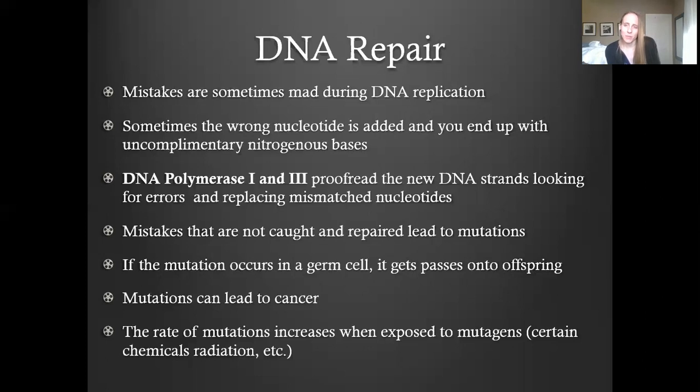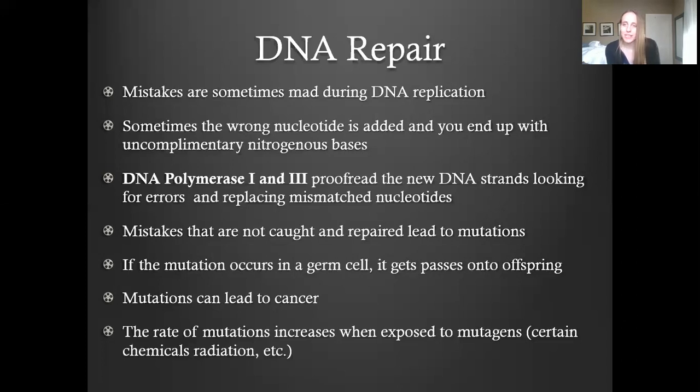And so both DNA polymerase I, that's the one that cuts off the primers, and DNA polymerase III, that's the one that builds the new strand, both of those will kind of go over the new strands of DNA to see if there's any mistakes and to replace any of those misplaced nucleotides. But not all the mistakes are caught and repaired, and if they're not caught and fixed, that's how we get new mutations. If the mutation happens in a germ cell, so a sperm or egg, that's how mutations then get passed on to offspring and end up in the next generation.